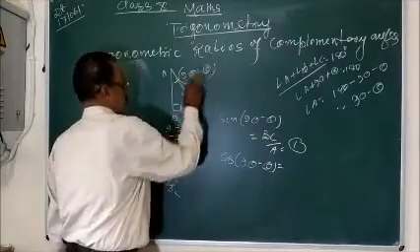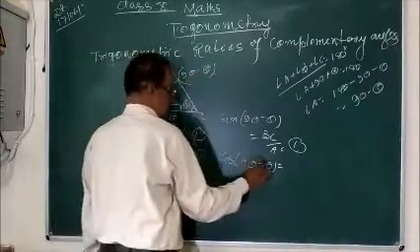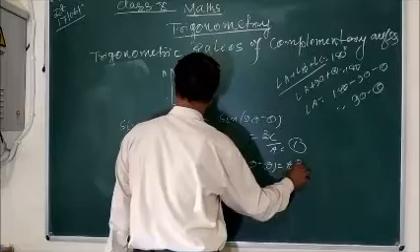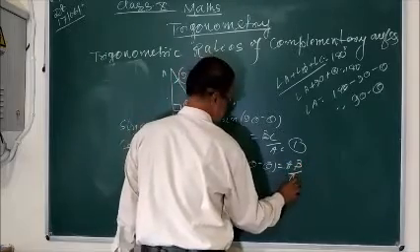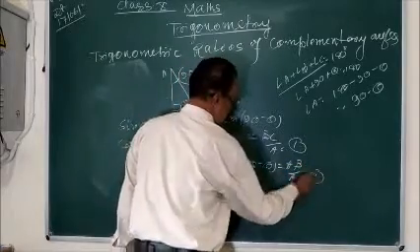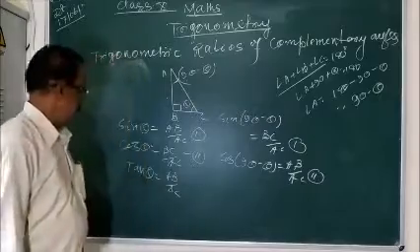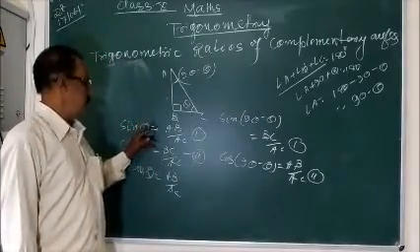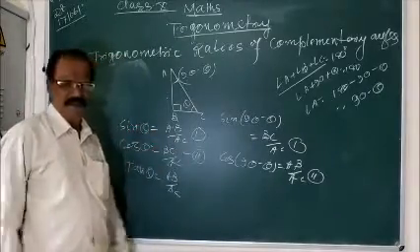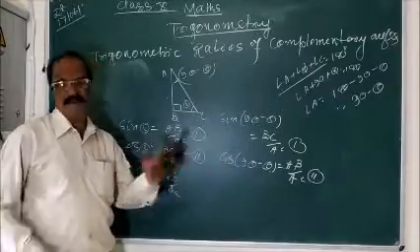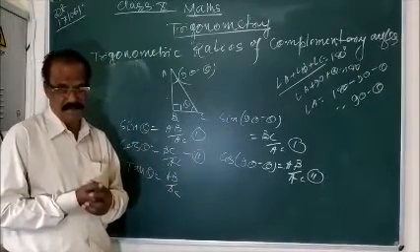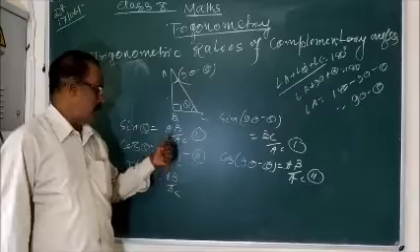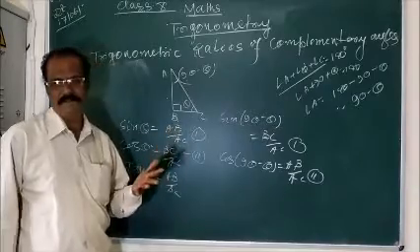So cos 90 minus theta, B by H, AB by AC. Now you compare this sin theta AB by AC and cos 90 minus theta AB by AC. Now you compare, the right sides are equal.